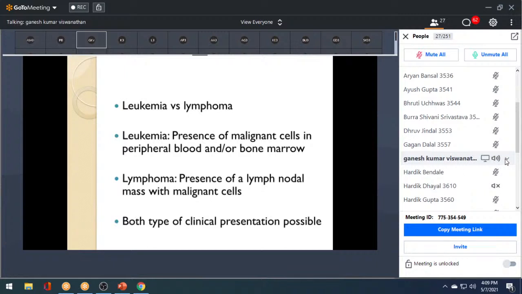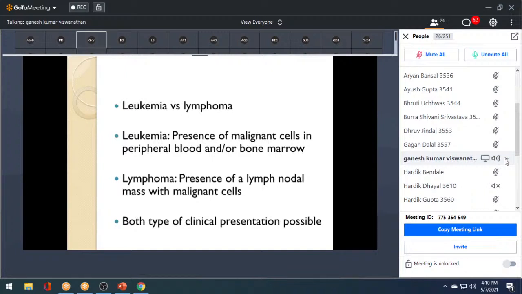But one important thing to understand is that one type of presentation can spill over to the other. A disease can start off as a leukemia and then present with lymph nodal masses, or it can start off as a lymphoma and then progress to involvement of peripheral blood and bone marrow, resulting in a leukemic presentation. Or sometimes some patients can have both at a single point of time.